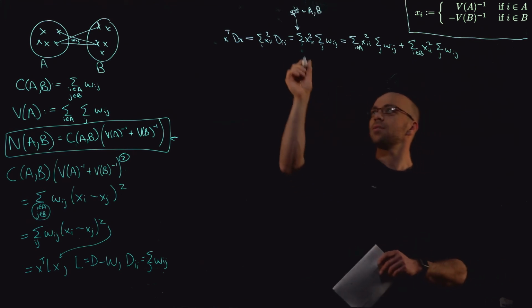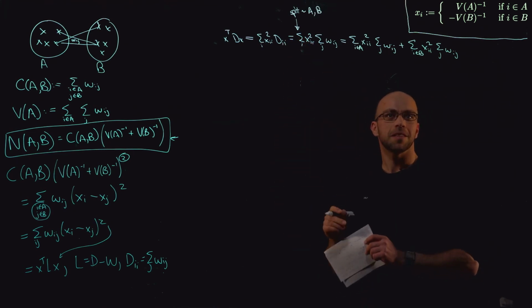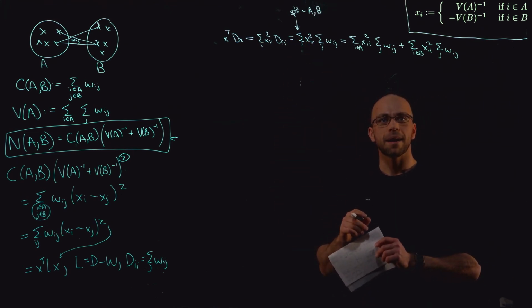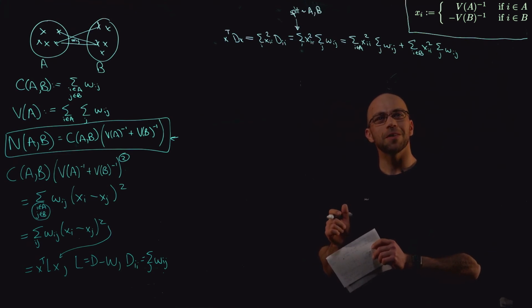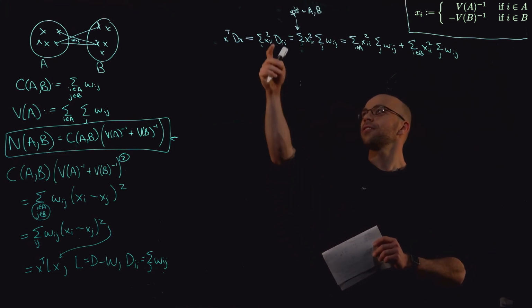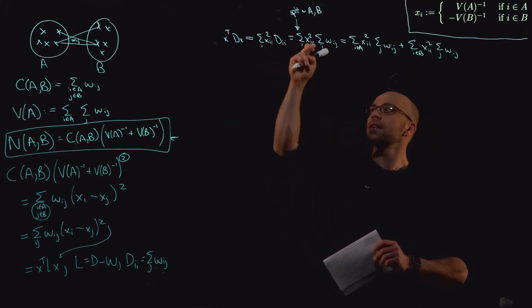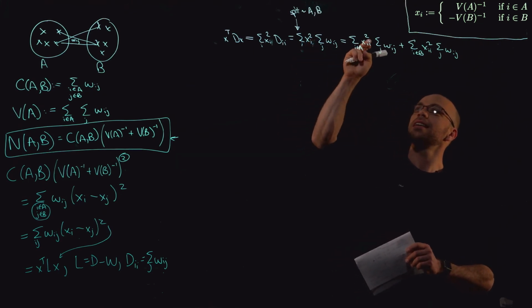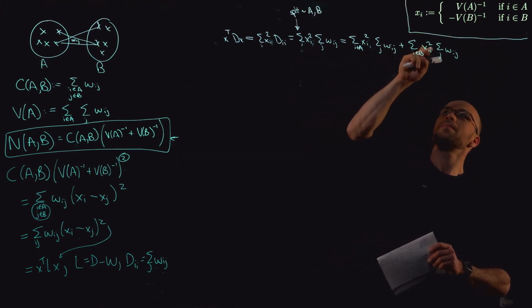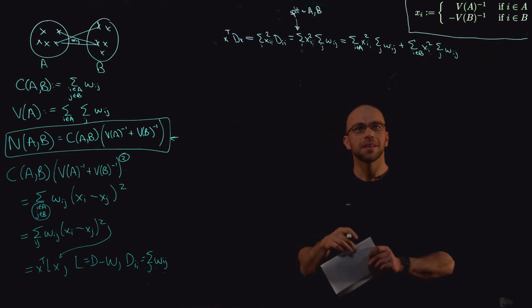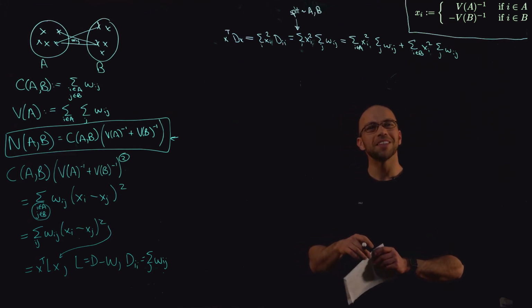So all I did was take this sum and split it into 2 pieces. But now we're cooking with gas. Oh, oops, I'm sorry. There only needs to be 1 i index here. It's just x_i, not x_ii. My apologies. Okay. Now, why do I do that?